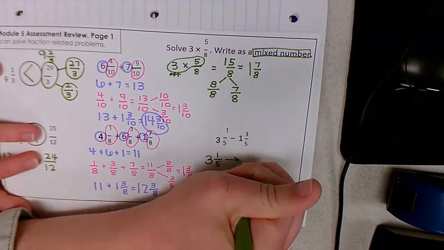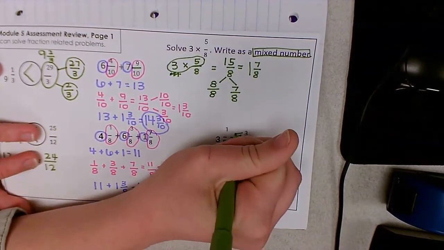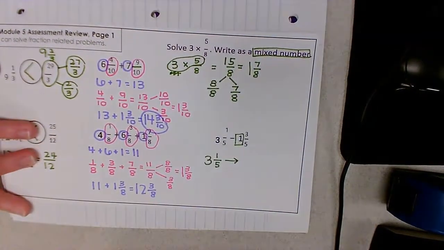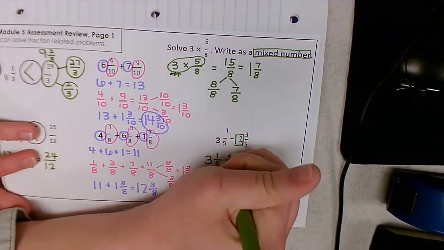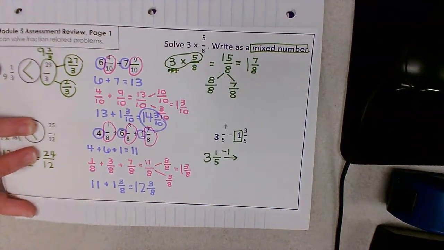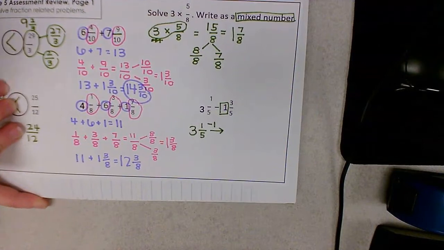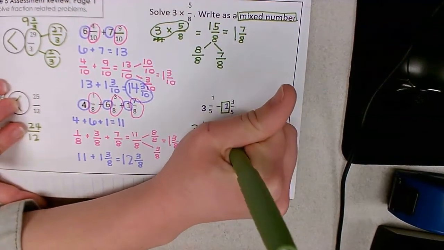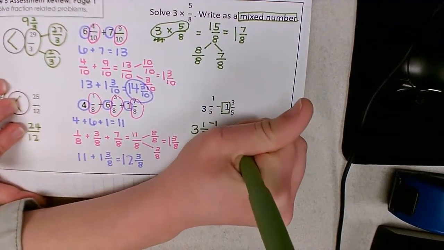The first thing I want to take away is my whole number. This whole number is 1, so I'm going to take away 1. 3 1/5 take away just 1 leaves me with 2 and 1/5.